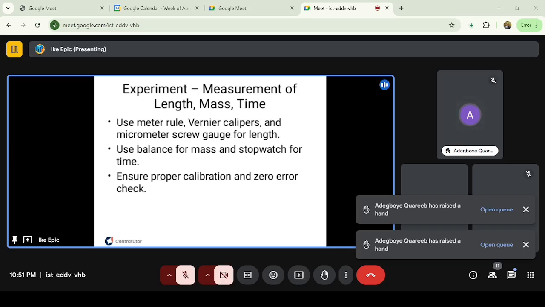If you can get very good in at least vernier caliper and micrometer screw gauge, you can tell yourself that even if they bring any question under physics, I'll be able to answer at least three, because usually in the past questions, they bring around 3 questions each year under vernier caliper and micrometer screw gauge.